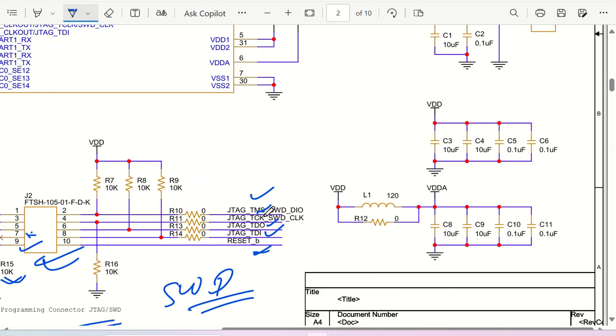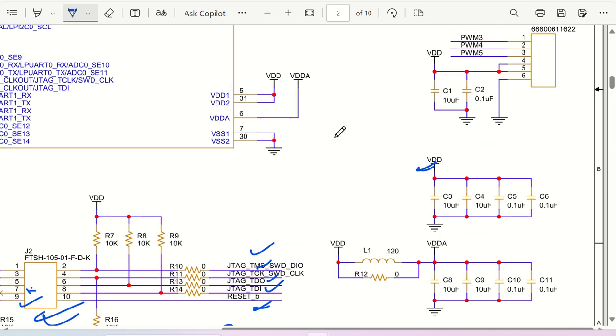Coming back to the power supply decoupling part, the decoupling capacitor is needed on VDD. We have two VDD pins, VDD1 and VDD2. On those we have put an extra 10 microfarad capacitor, so 10 microfarad plus 0.1 microfarad for each of the pins. For the analog supply, VDDA, this VDDA pin itself has been filtered out and changed to the VDDA pin.